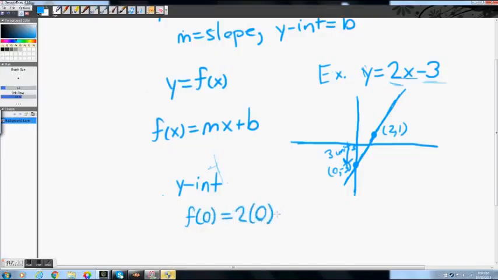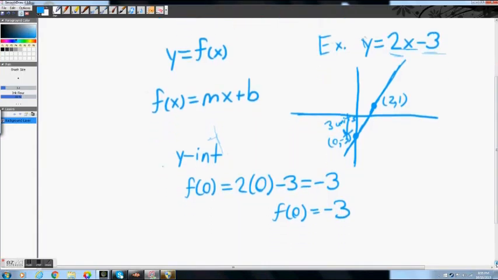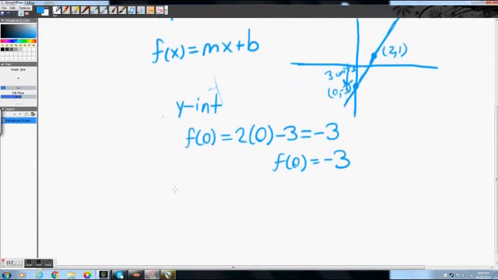So we put 0 into our function. What we get is negative 3. f at 0 equals negative 3. So our y-intercept is negative 3. And that's what we have graphed here.